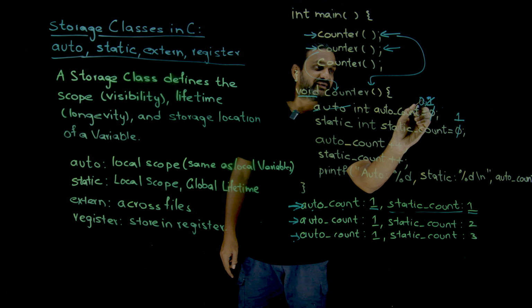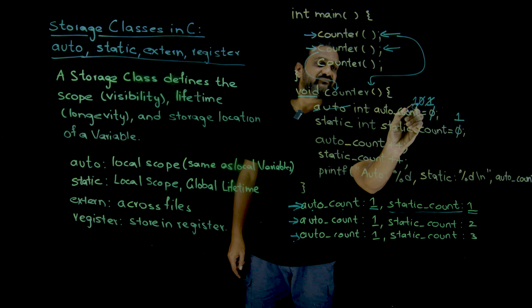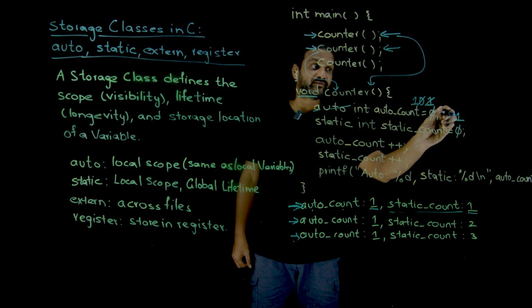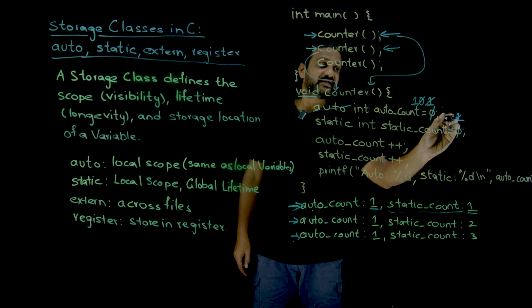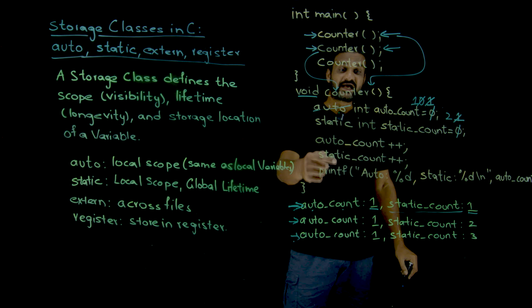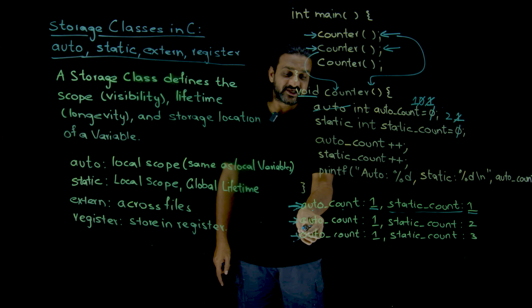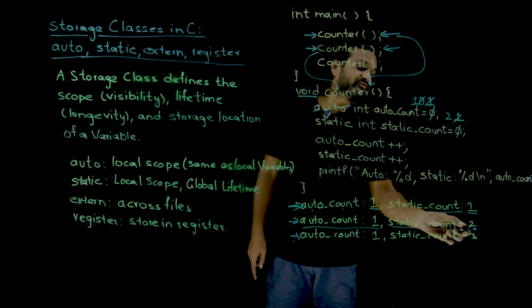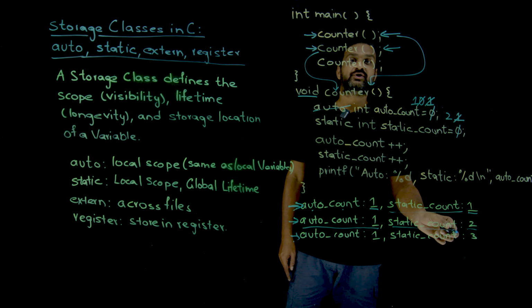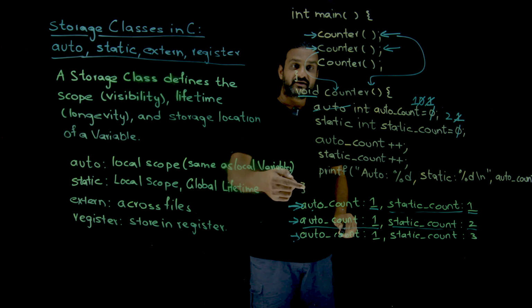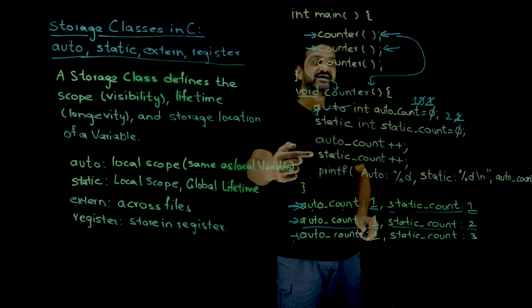Now we are going to increment it. This 0 will become 1, and this already existing value, which has a global lifetime, will get incremented and become 2. After that we are going to print auto count is equal to 1 and static count is equal to 2, because it has a global lifetime. Now we have completed this.